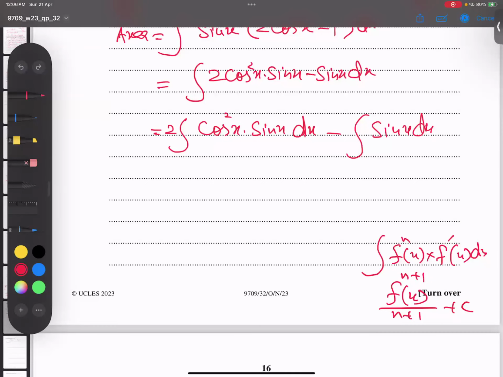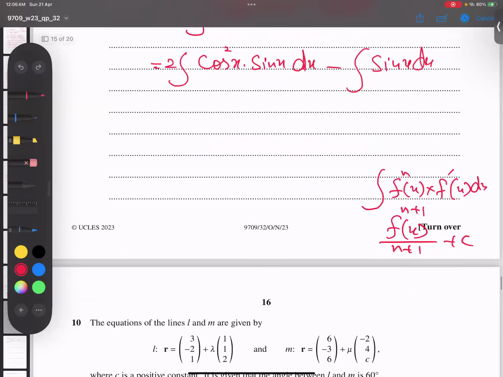If you want to see one more example, students, I'm going to show you here. For example, I have x squared plus 1, to power 3, and outside I have 2x. Is this function's derivative available? Yes. So what I will do is increase the power by 1, so it becomes 4, and divide by 4, and that's it.